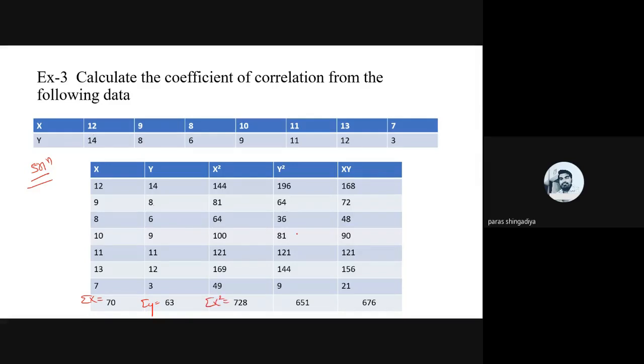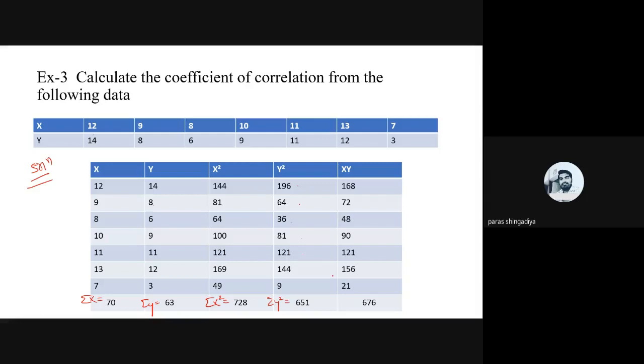Okay, total of y square. First you have to create y square: 14 square is 196, 8 is 64, 6 is 36, 9 is 81, 11 is 121, 144, 3 is 9. Check the total of y, that is called sigma y square, and sigma y square will be 651. Check its total and verify this, including the last value.